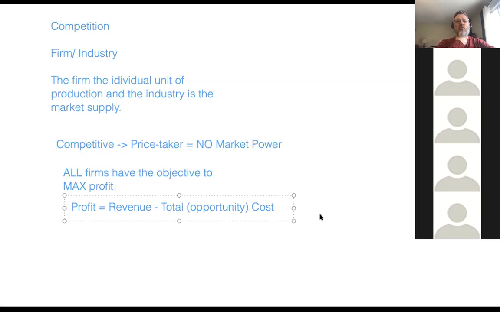But the most important thing is that opportunity cost includes a normal rate of return.